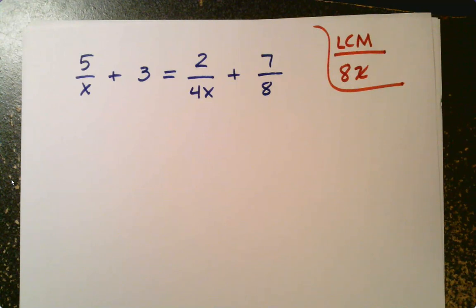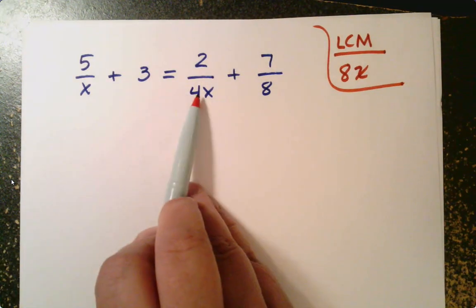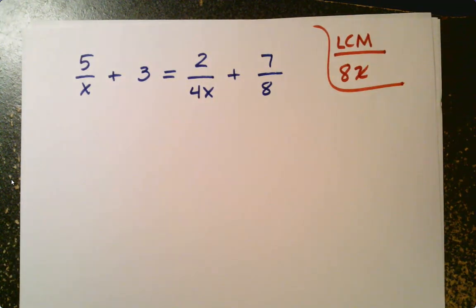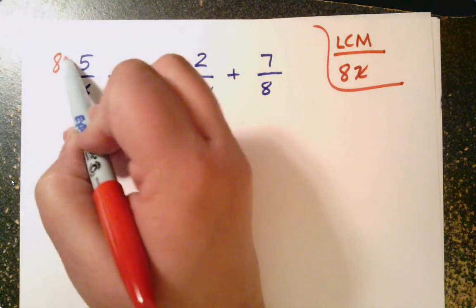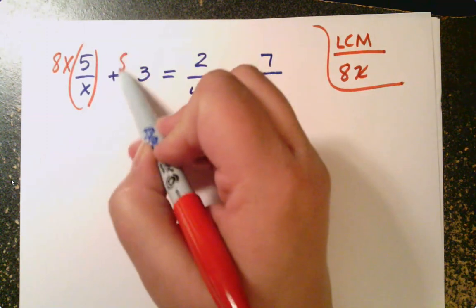That's just kind of breaking it down even further. So here we have 8x as the smallest multiple of x, 4x, and 8, the smallest common multiple they have. So I'm going to multiply by 8x on every term.